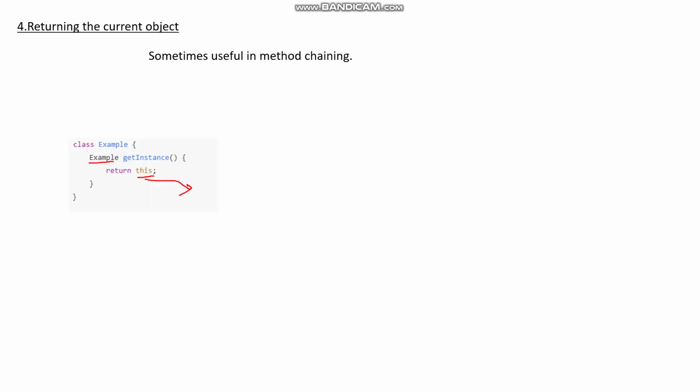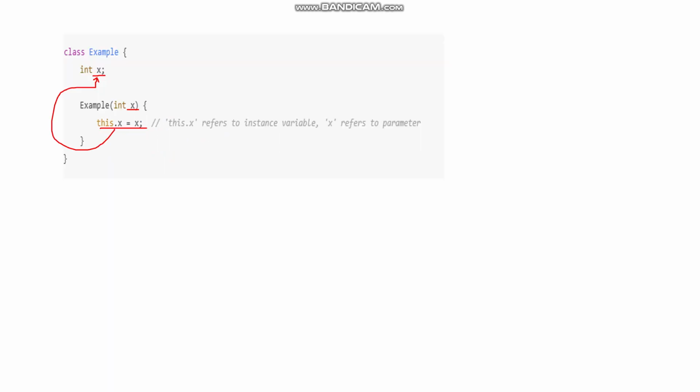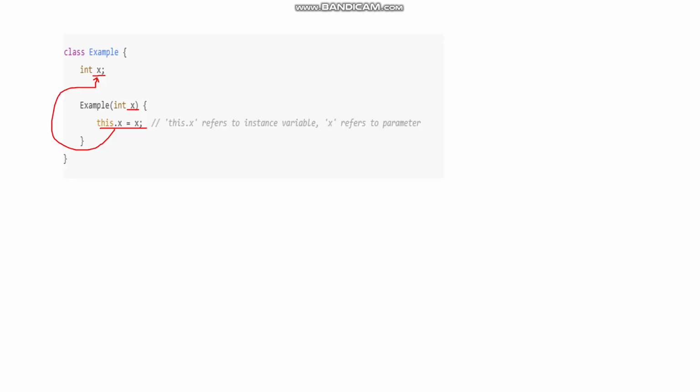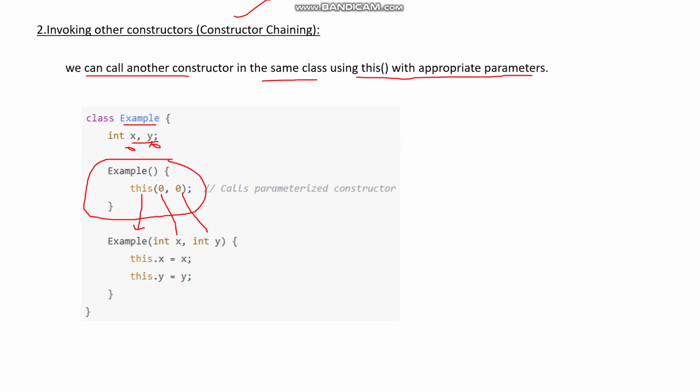In this way we can use the this keyword in four places. The first usage is to distinguish instance variables from the parameters, meaning to separate the local variables from the instance variables. The second usage is to invoke the other constructor, meaning constructor chaining.